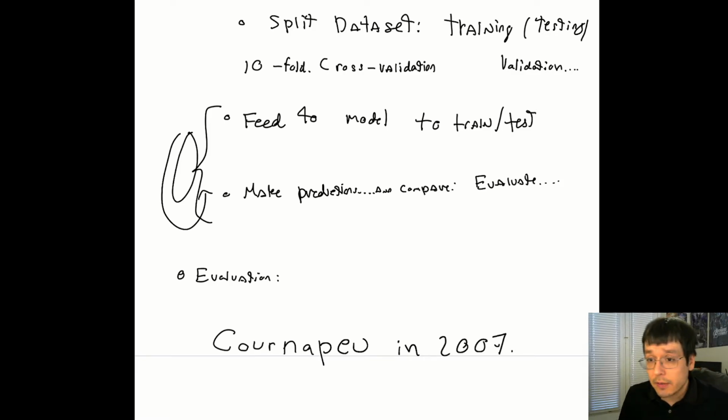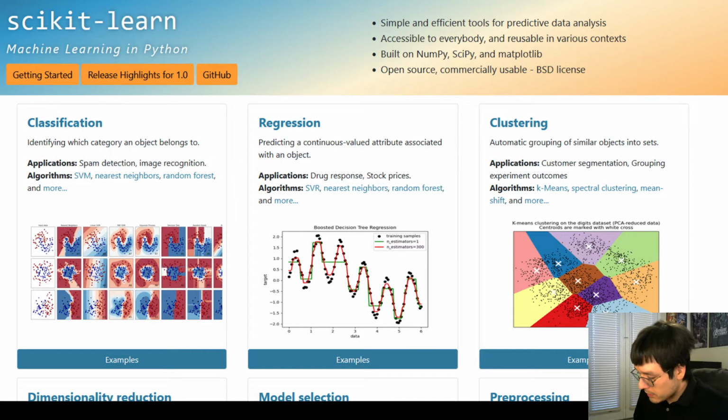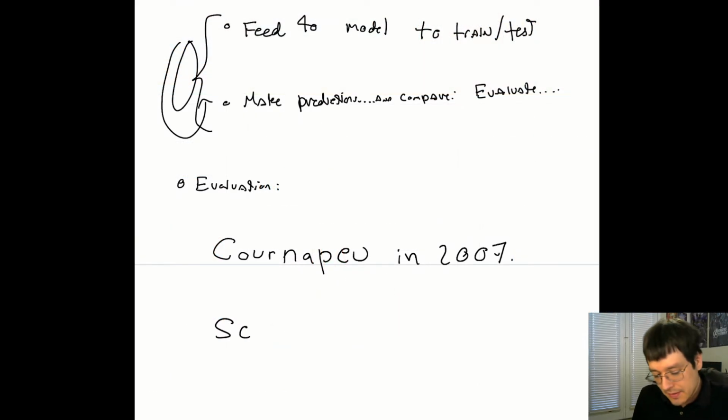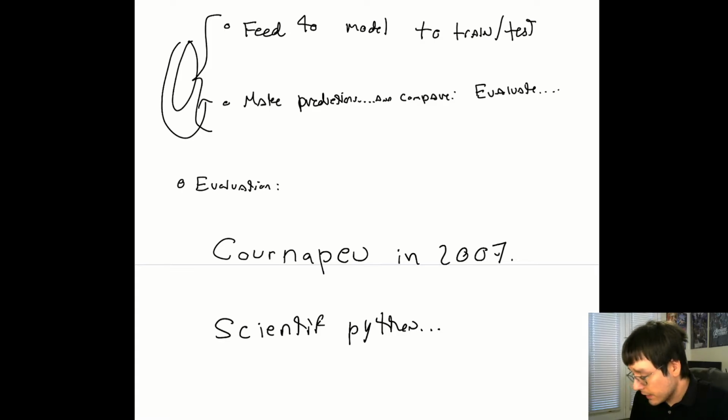The library itself, scikit-learn, is part of a larger group of libraries, which are known as the Scientific Python. In fact, that's where the name comes from, scikit, since I believe scientific kits, maybe that's how they came up with it. But I know for a fact at least the sci part comes from Scientific Python, and it's part of the larger group.